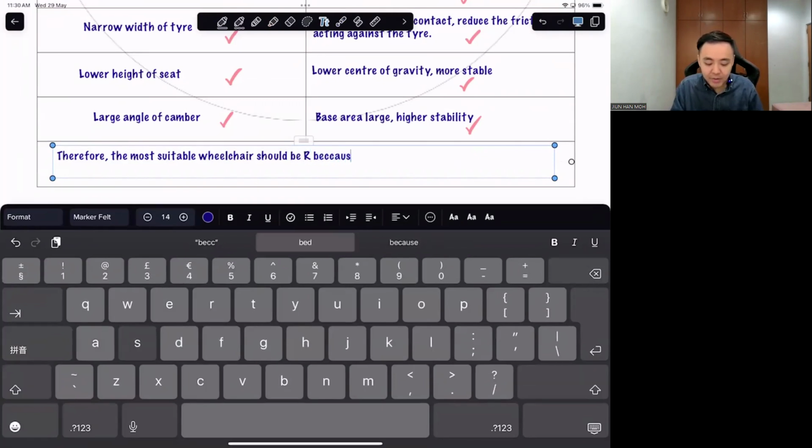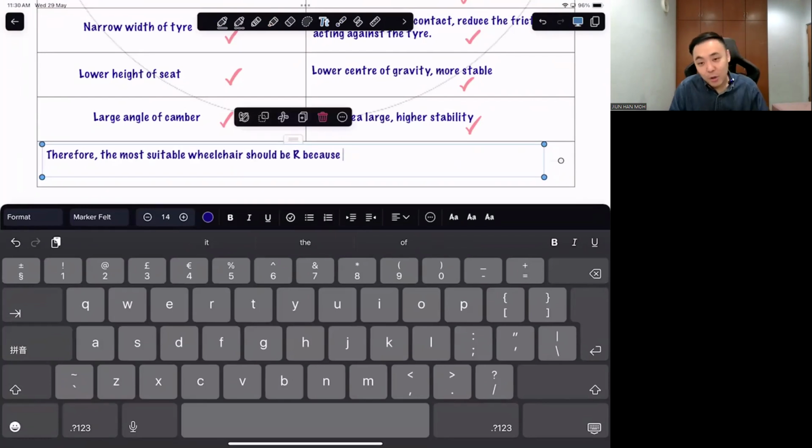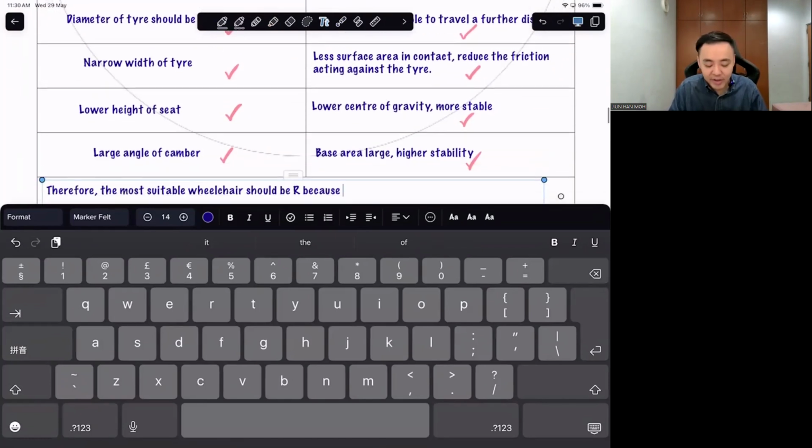R, because now you literally recopy all these things.